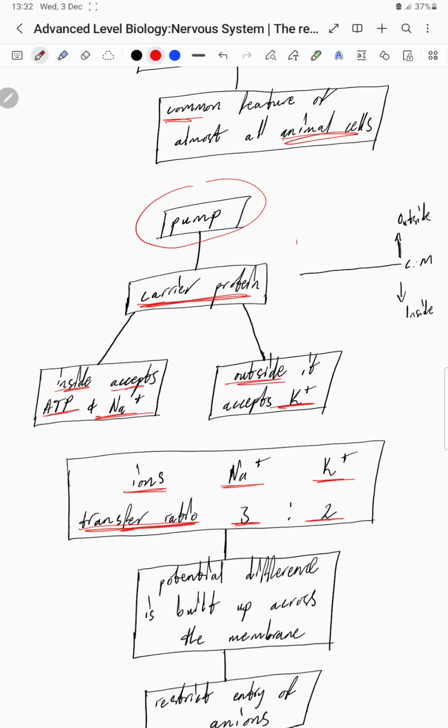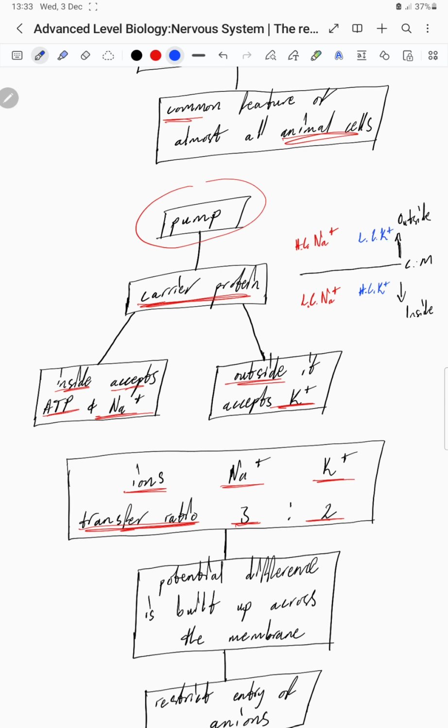And we've got high concentration of sodium plus outside and low concentration of sodium plus inside, and we've got high concentration of potassium plus and low concentration of potassium plus here.